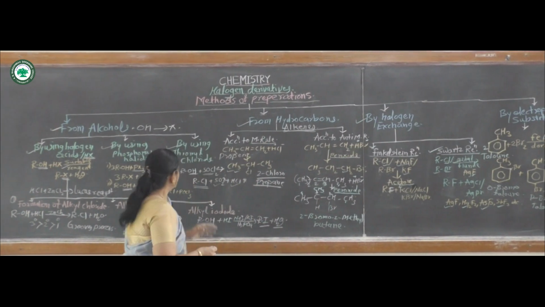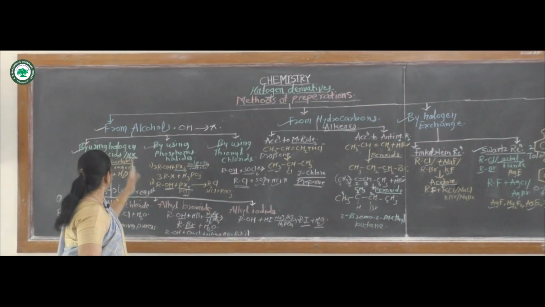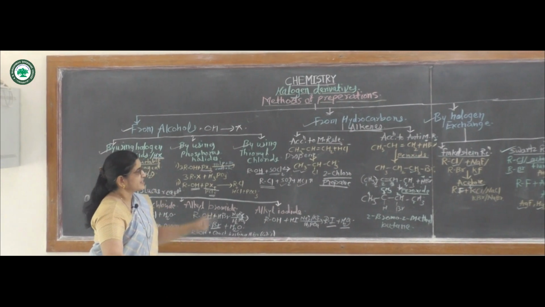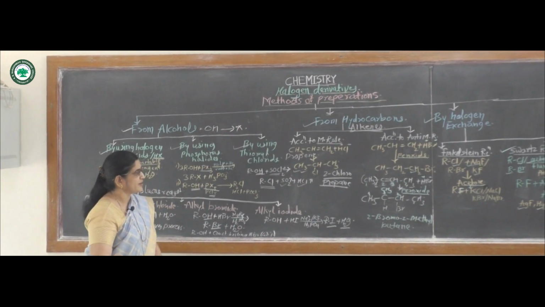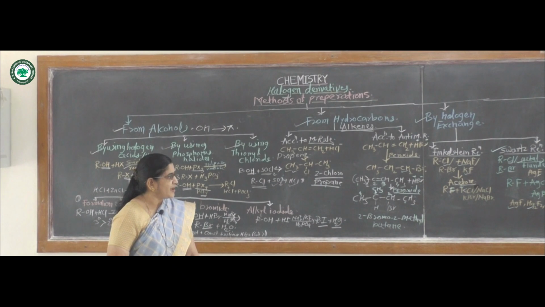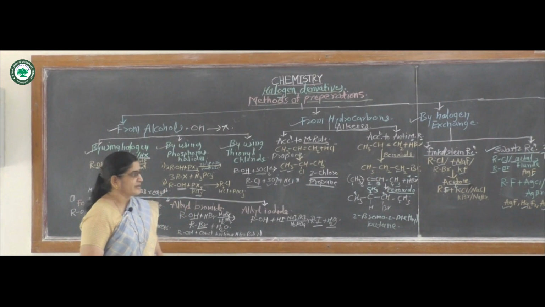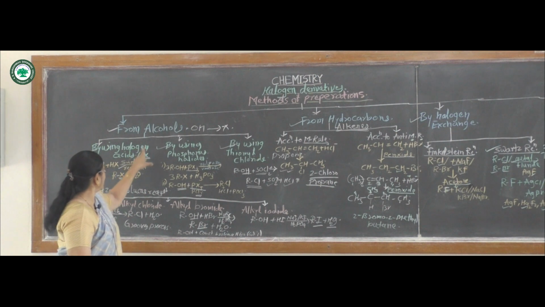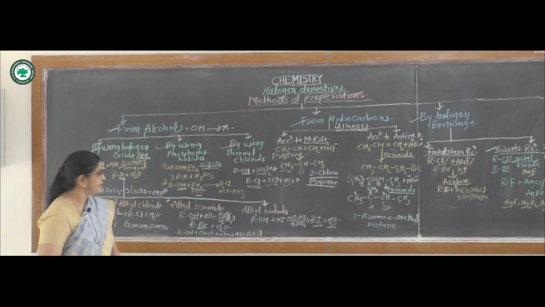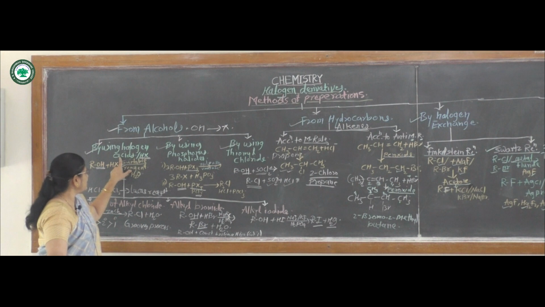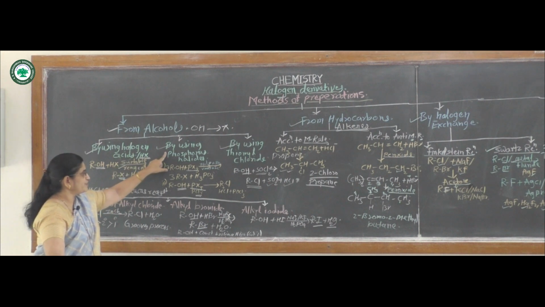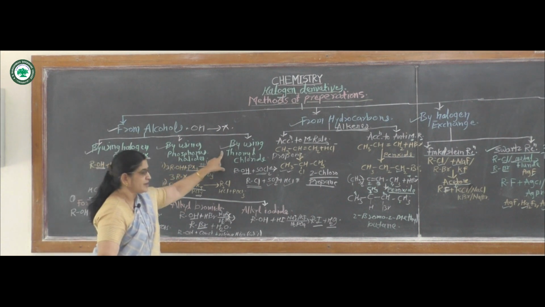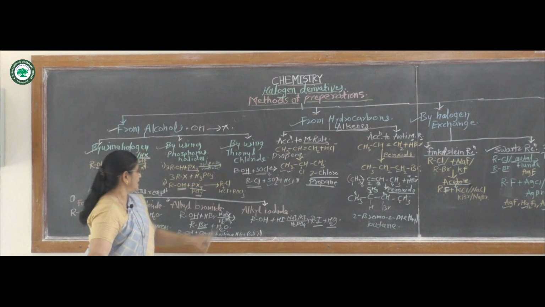In this way, there are four methods: from alcohol, second from hydrocarbons, third by halogen exchange, and fourth by electrophilic substitution reaction. In from alcohol there are three reactions. First one by using halogen acid, second one by using phosphorus halides, and third one by using thionyl chloride.